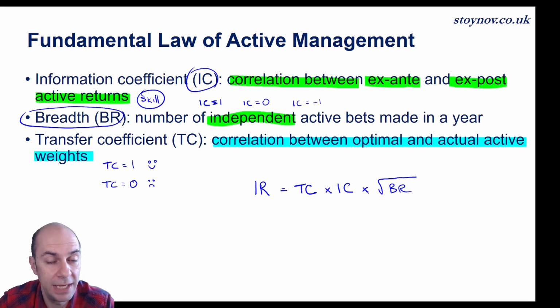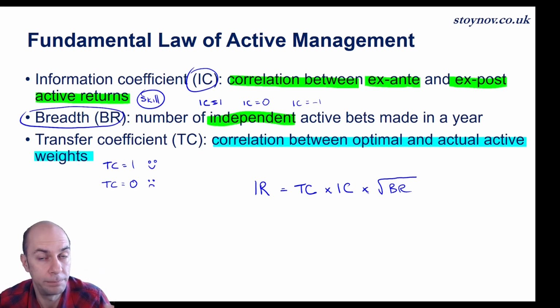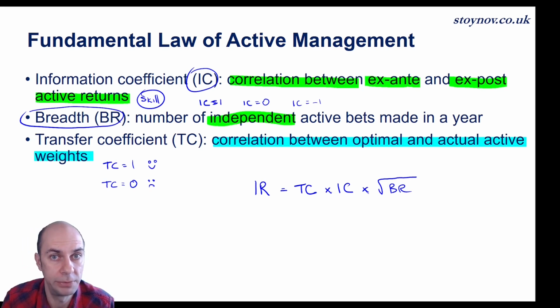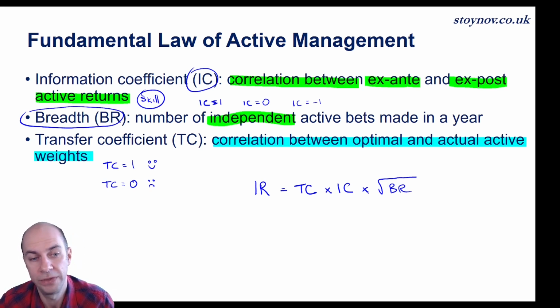Well, again, maybe I know that British American Tobacco is a fantastic company to buy because it's got this nice dependable dividend, and my optimal weight is positive, but my mandate says you cannot invest in tobacco companies, so my actual weight is 0. Well, that drops the correlation between the optimal weight and the actual weight, and therefore it shows as a lower transfer coefficient, and therefore it shows as my being constrained.